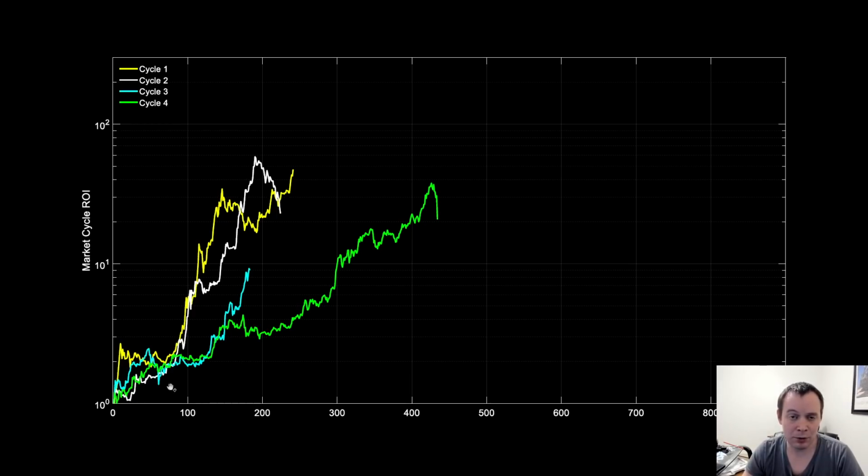Then from that point, we'll measure from whatever that new bottom is, and we'll see what kind of push Ethereum can make in order to put in a market cycle top. Again, this is not necessarily going to happen like that.